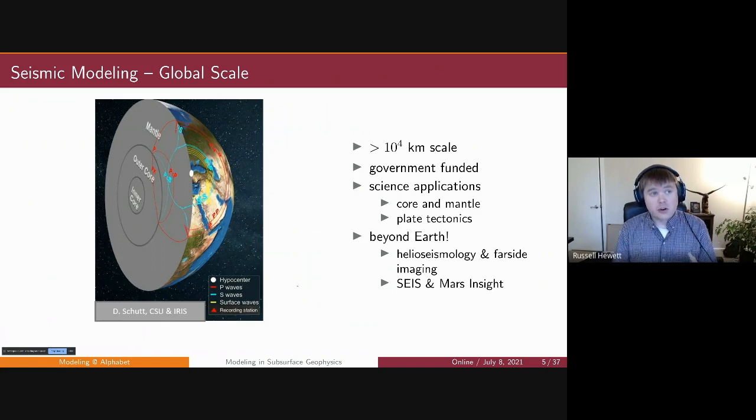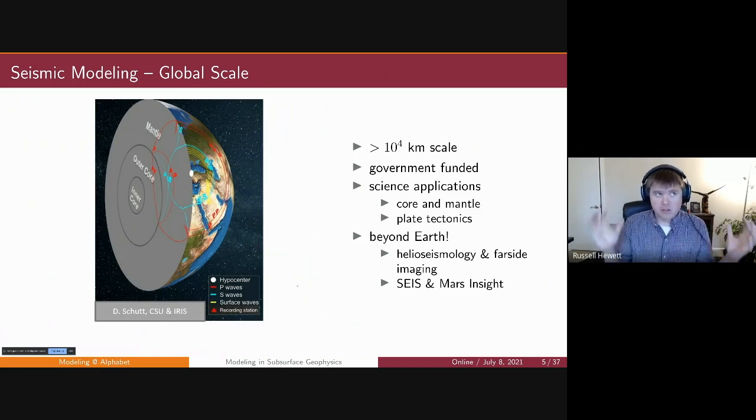And we can observe indirectly how these interactions behave, and then use those properties to invert for the structure of the subsurface. And this work is largely, for the most part, government funded, mostly for science, looking at plate tectonics, earthquakes, core mantle structure, this sort of thing. But there's also utility of the concepts behind this.